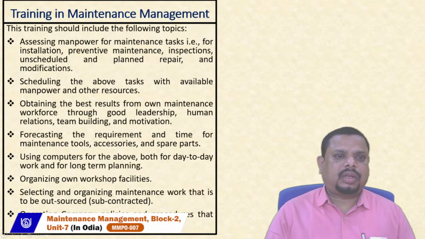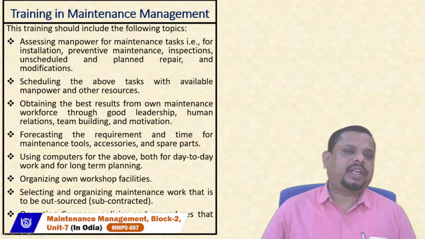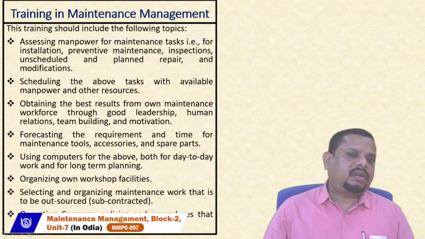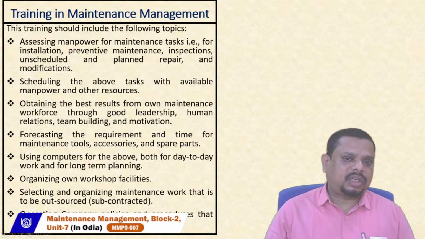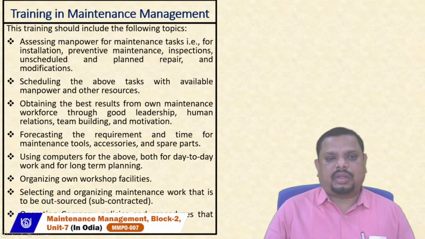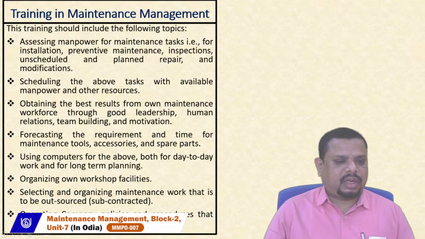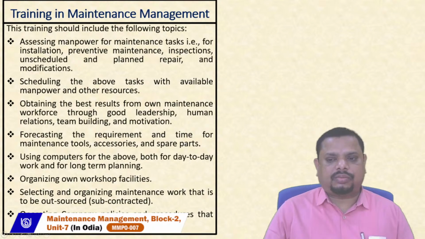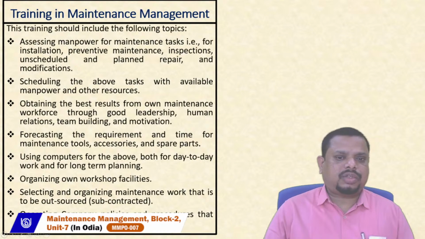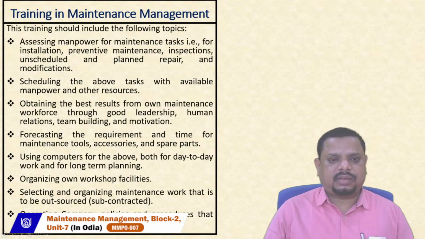Moving to the next one. The next one is maintenance management, or training in maintenance management. What are the different topics to be covered under the training in maintenance management? The first we have is assessing the manpower for maintenance tasks. Whenever you go to the top level of management, they have a robust organization structure, and under it they have a number of maintenance technicians.